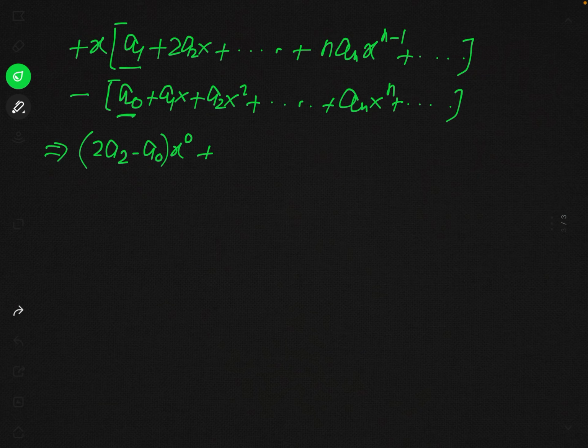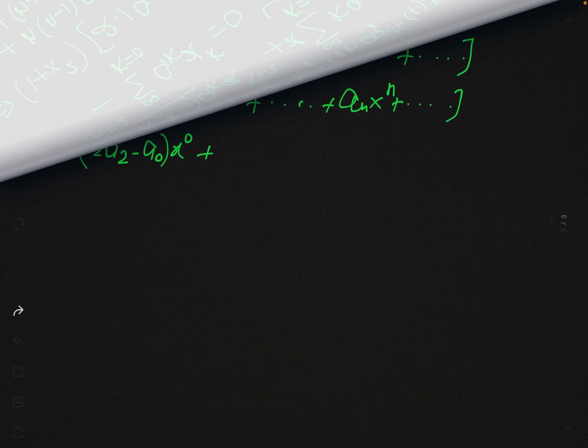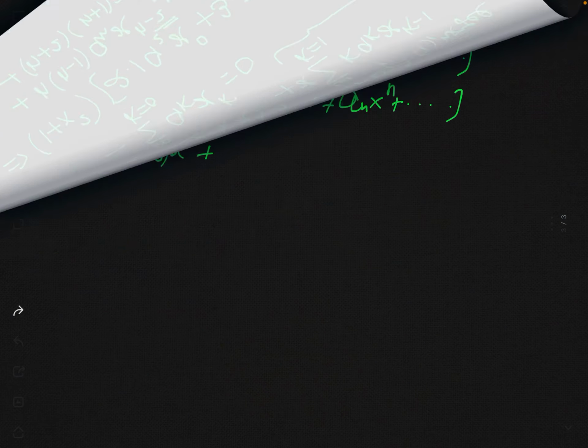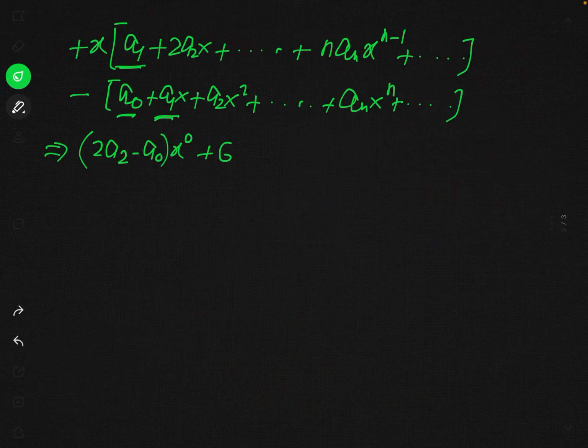So this a1 and this a1 will cancel out, because it is plus here and minus here. So only one term remains, which is 6a3. So you can write this as plus 6a3x and so on.